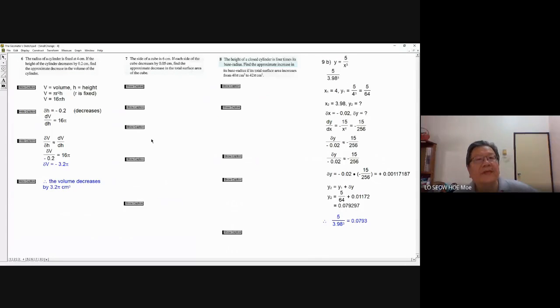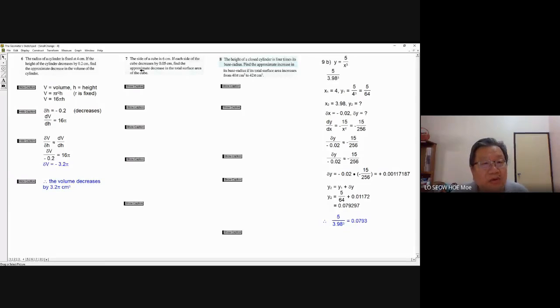Okay, here. Now, first of all, approximate decrease is delta, a small change. If they ask approximate decrease or approximate increase, it is the small change problem. If they say approximate surface area, then it will be the approximation type.